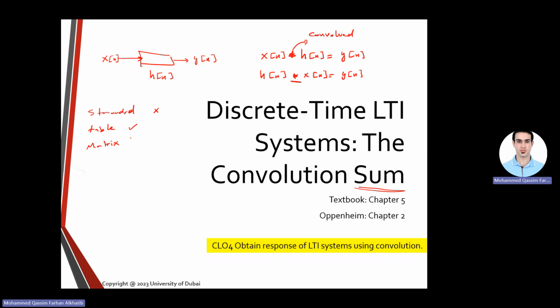Both of them are easy to achieve, and we'll talk about convolution in all three cases. You'll see how long the standard process takes, and that with the tabular and matrix forms, it's very easy and very straightforward.